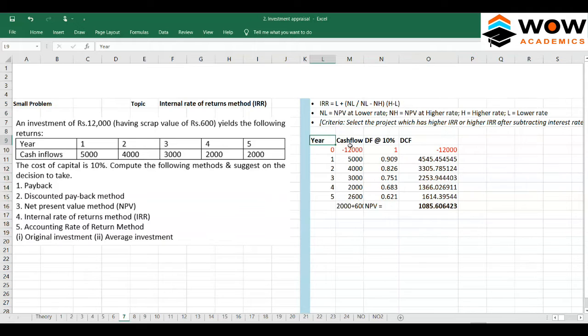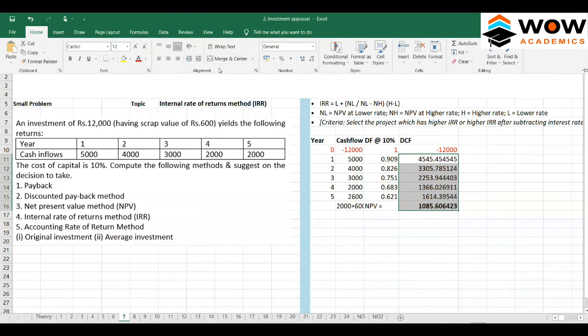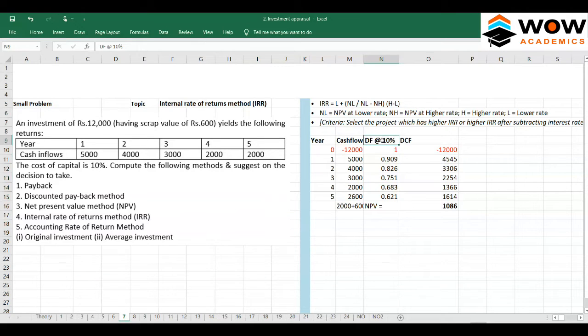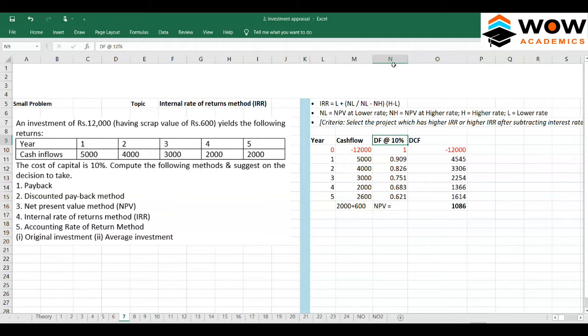We have already worked out one part of the NPV and we got the answer also, but we'll refine it a little bit. It's going to be the same numerical problem.